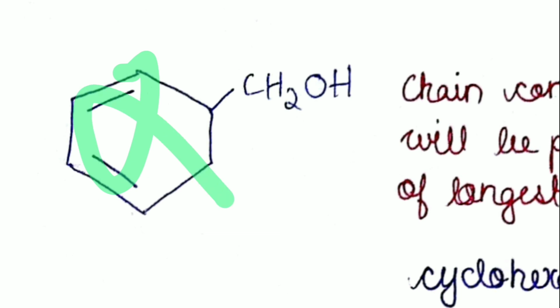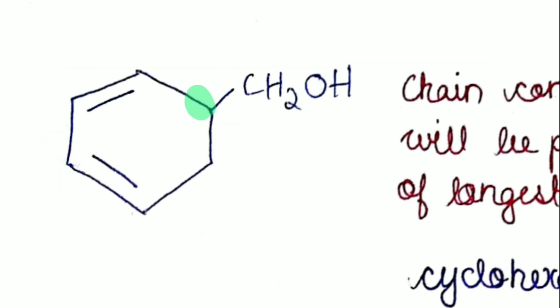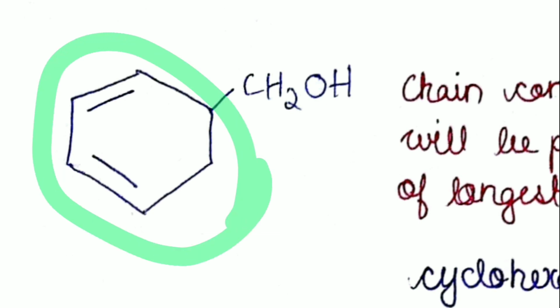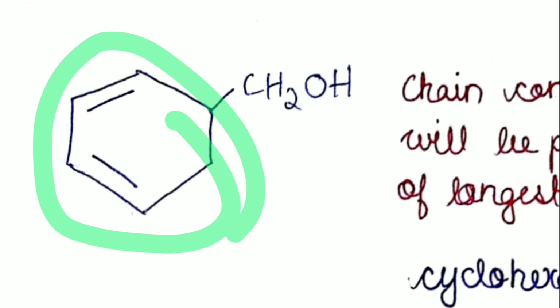So the name of this compound, guys, what will it come out to be? We know now that this is our substituent and this is our free valent carbon. This gets number 1 locant in the naming of the substituent. So then our double bonds get number 2 and number 4 as the locants. So basically it's going to be 2,4 dienyl. So it is cyclohexa 2,4 dienyl. That's the substituent part.